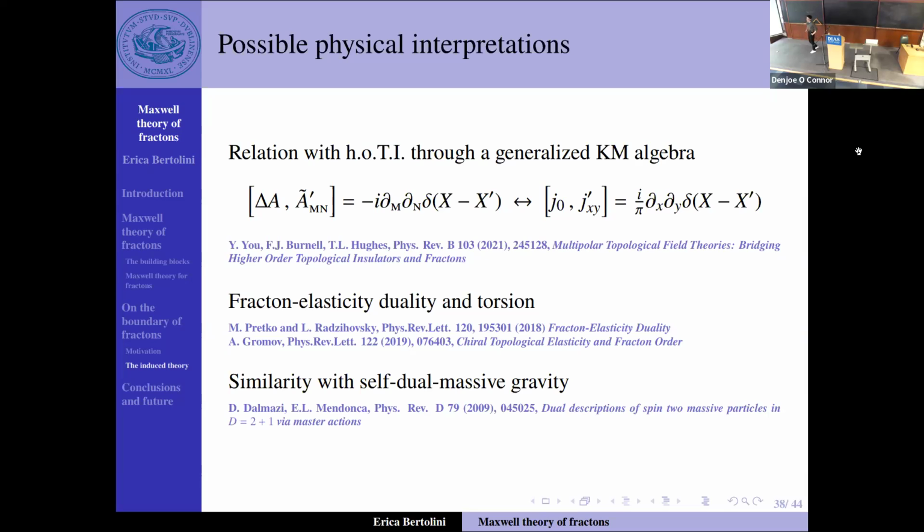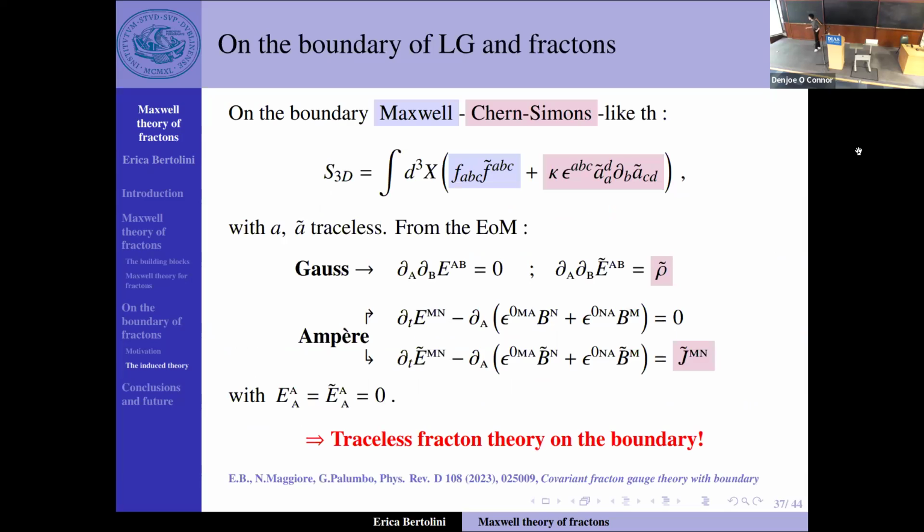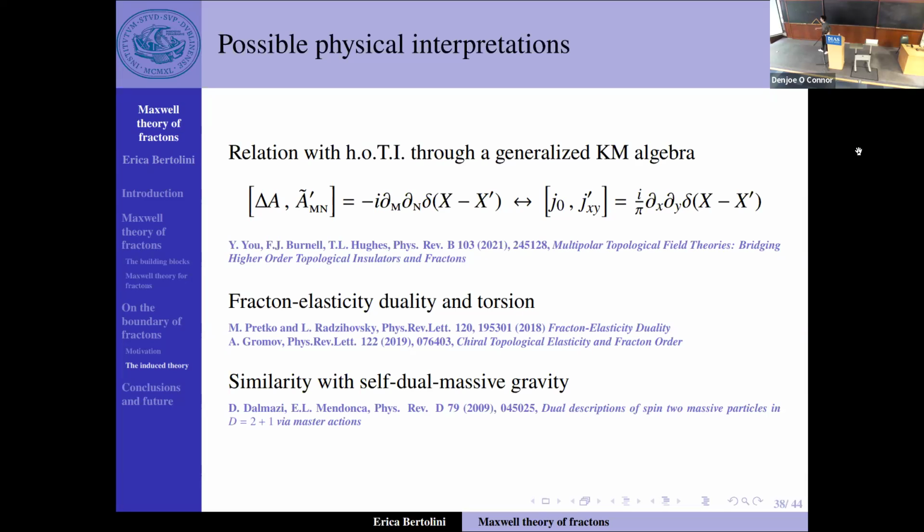Also, since we are dealing with a 2 plus 1 theory, there is that fractal elasticity duality, and these equations are similar to the Ampere equation I was mentioning at the beginning.